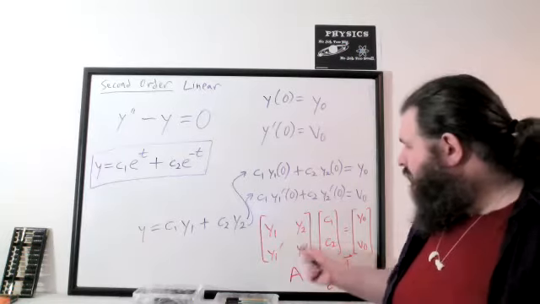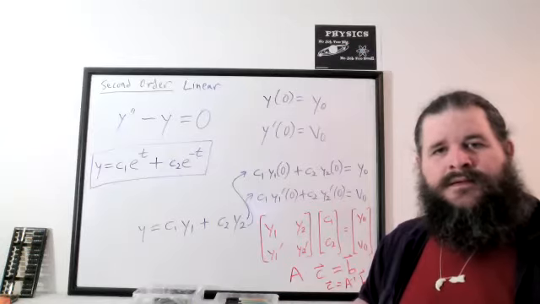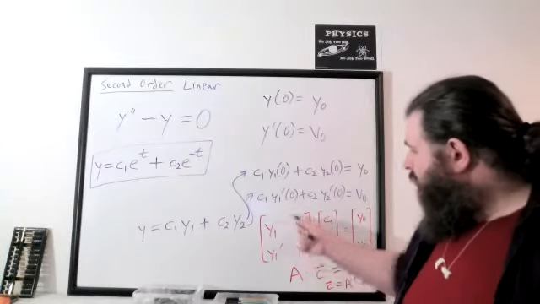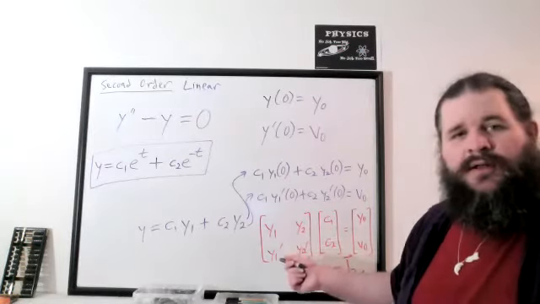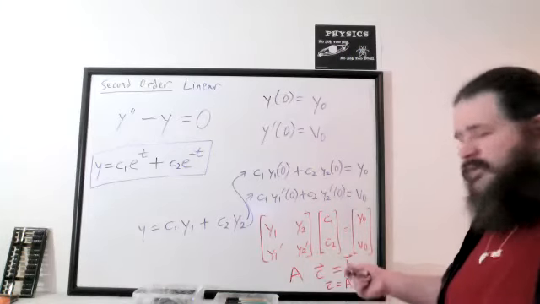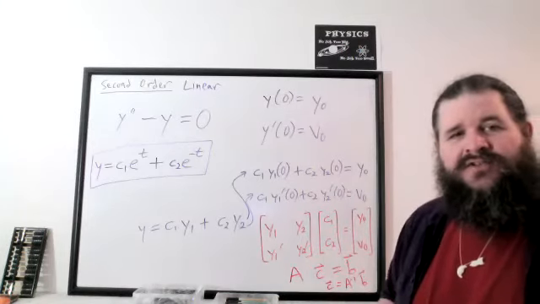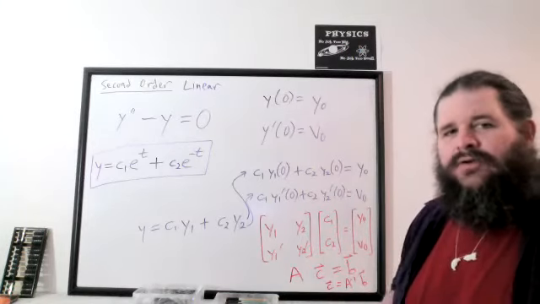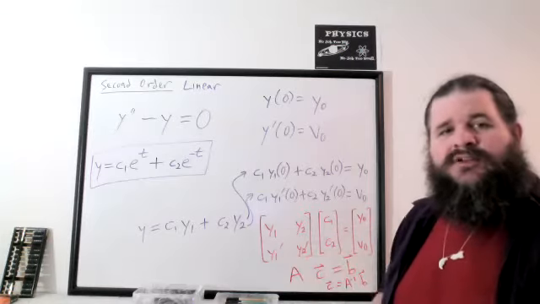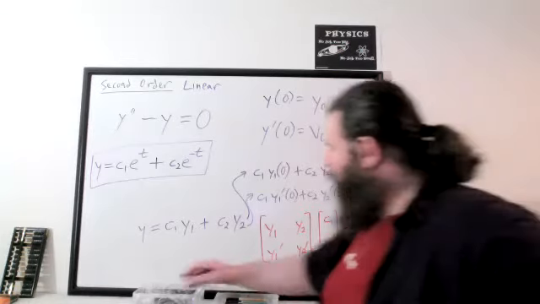If the determinant is 0, then it's non-invertible, if I remember. Exactly. So if the determinant of this matrix happens to be 0, that means it is non-invertible, which means we can't guarantee there exists a unique solution. In order to guarantee existence and uniqueness here, we need this matrix to be invertible, which means we need the determinant to be non-zero.